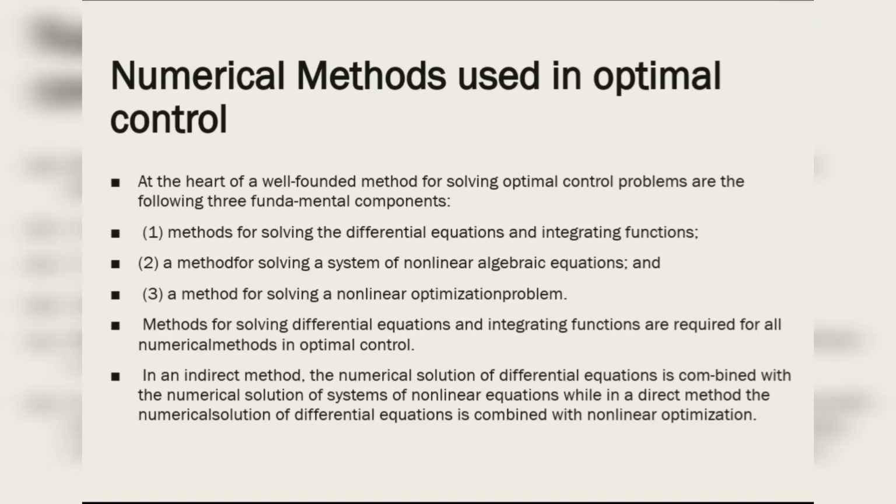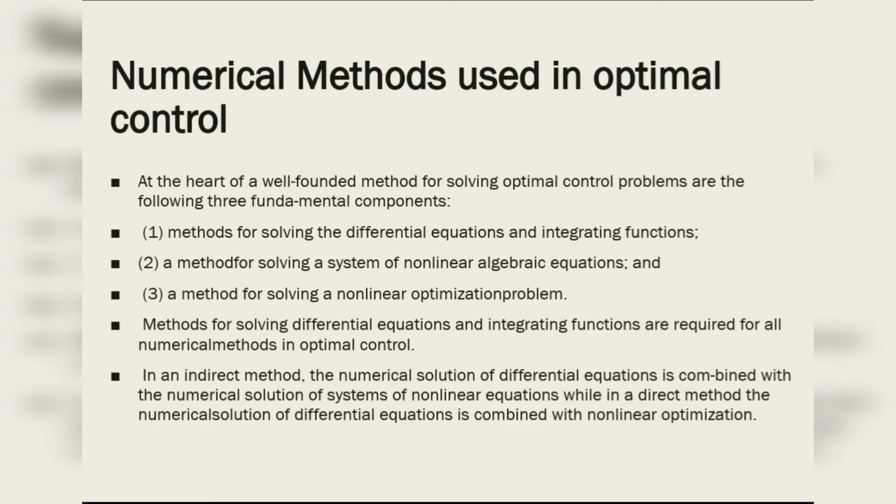Now let's see the numerical methods used in optimal control. At the heart of all well-founded methods for solving optimal control problems are the following three fundamental components: methods for solving differential equations and integrating functions, a method for solving a system of nonlinear algebraic equations, and a method for solving a nonlinear optimization problem.